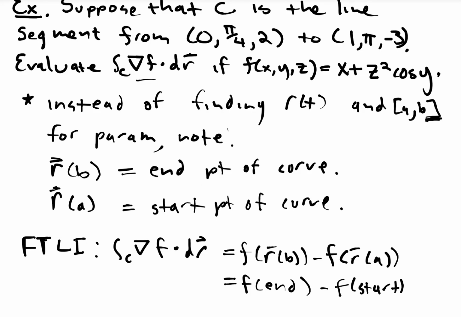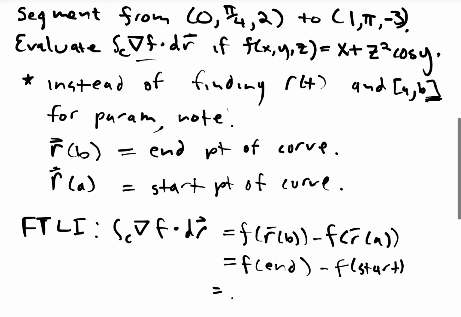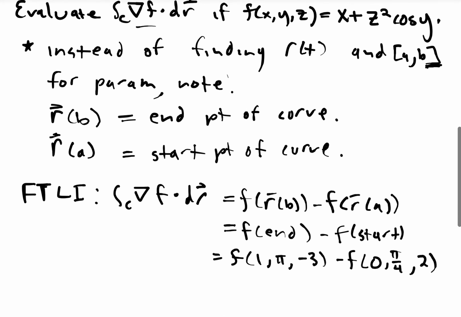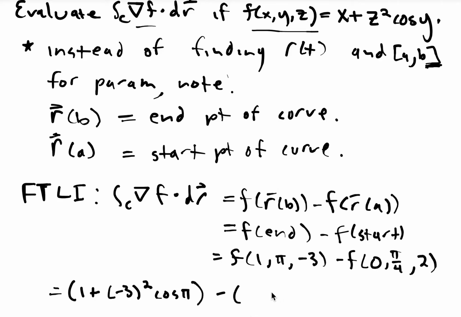So I'm going to use the fact that we're supposed to end at (1, pi, -3), and we were supposed to have started at (0, pi/4, 2). Substituting into the function I gave you for f, the first point gives 1 plus (-3) squared times cosine pi, and then I'm subtracting off what happens when I substitute in (0, pi/4, 2): 0 plus 2 squared times cosine of pi over 4.